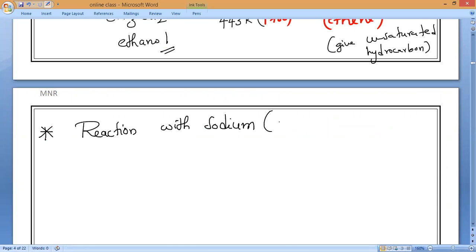Sodium symbol: Na. Remember, is sodium more reactive or less reactive? More reactive. Sodium can displace hydrogen from ethanol.